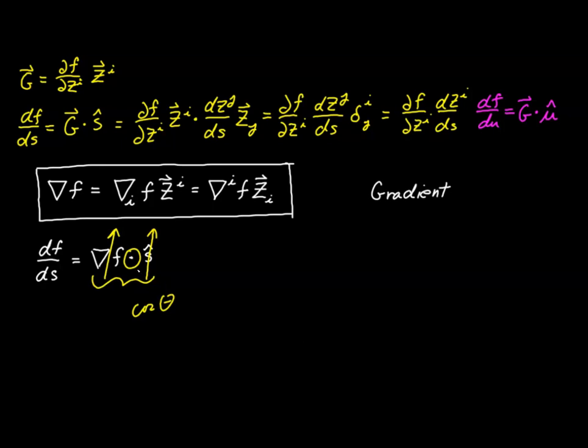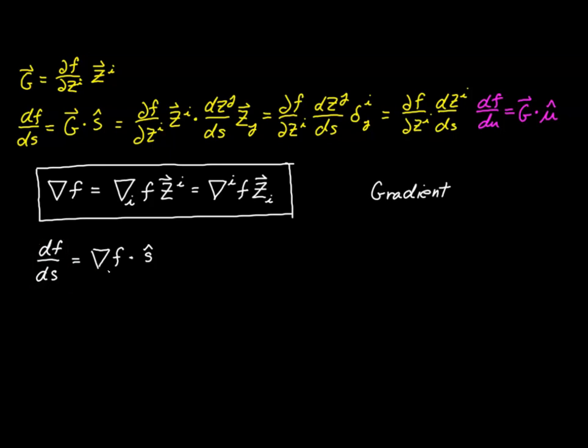So the direction of s hat in which the greatest value of our directional derivative occurs is that in which s hat points in the same direction as the gradient. In other words, the gradient itself points in the direction of the greatest increase of our function. It points in the direction of the greatest directional derivative.